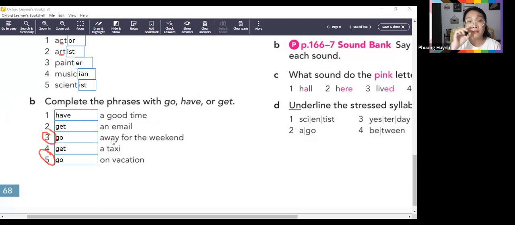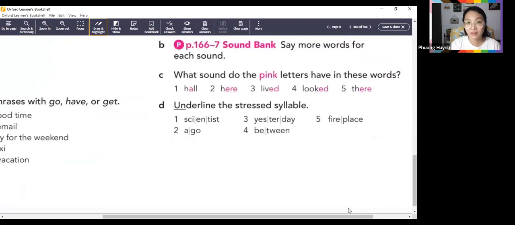Đừng học động từ riêng lẻ, như go nghĩa là gì, have là gì, get là gì, đó không phải là cách học đúng. Bạn phải học nó theo cụm, giống như trong mấy bài practice cuối sách là verb phrases, cụm động từ. Bạn ráng ứng dụng nó khi giao tiếp.